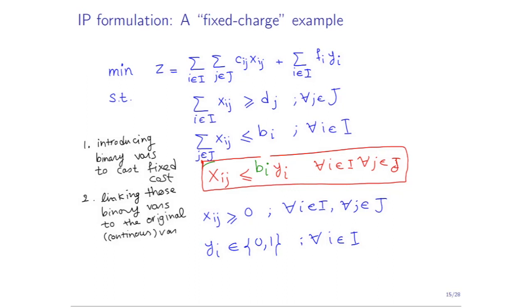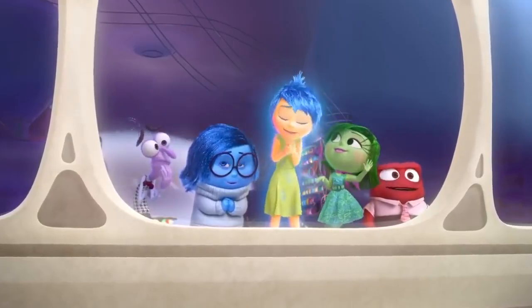In here it was xij. And 3, determining a lower bound on the value of big M. So these are 3 points that you should consider when you formulate a fixed cost problem. Say what you want. I think it's all beautiful.